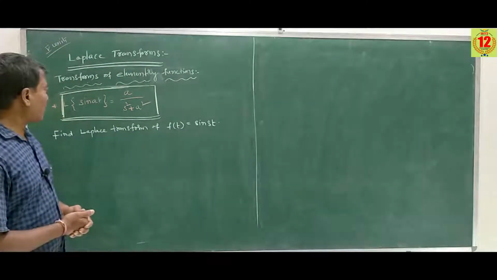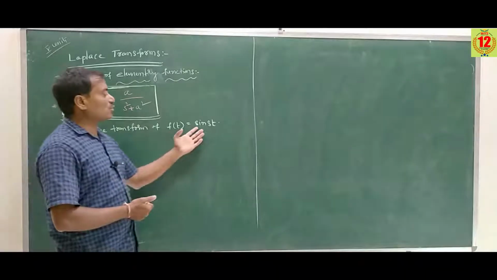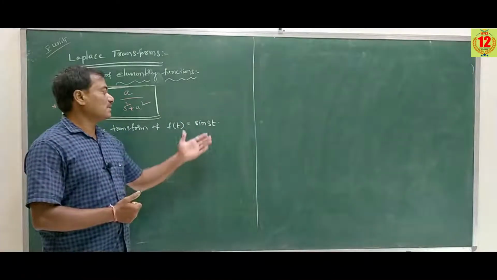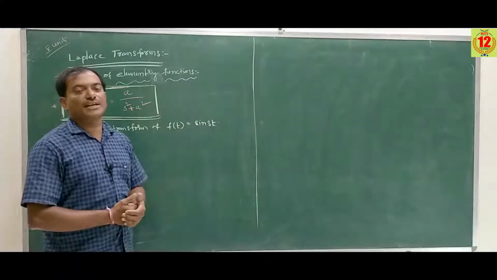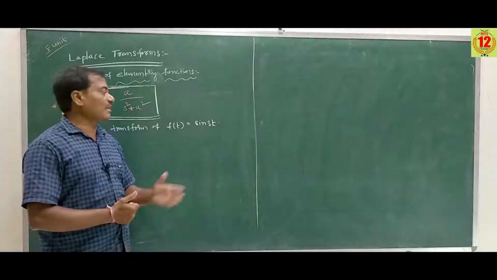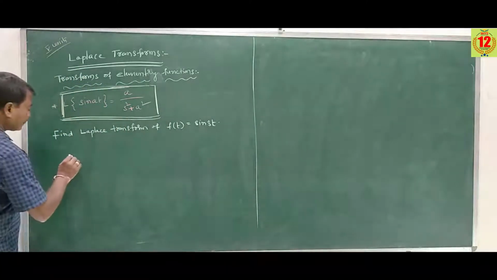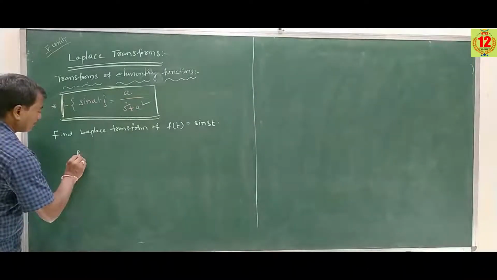Now we have to find the Laplace transform of f of t equal to sin 3t. Here the given function is in terms of sine, so we find the Laplace transform of the given function by using this formula.